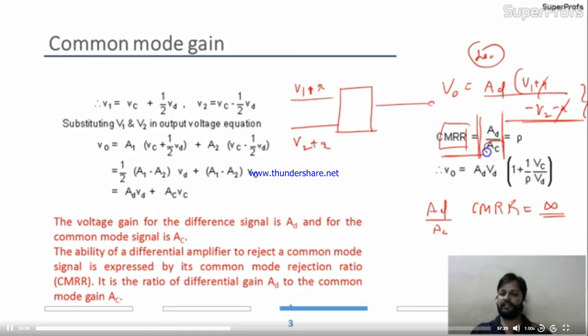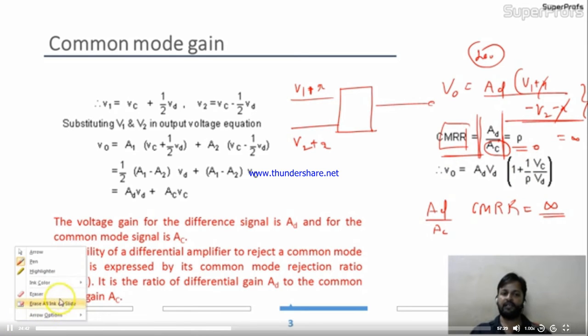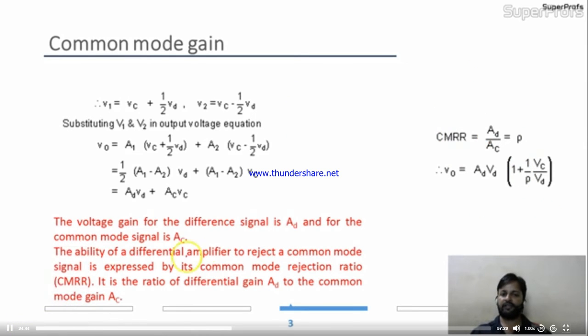Why? Because we need AC equal to 0, so it will be infinity. So it is the ratio of the differential gain AD to the common mode gain AC. I hope it's clear to you. The formula is AD divided by AC.